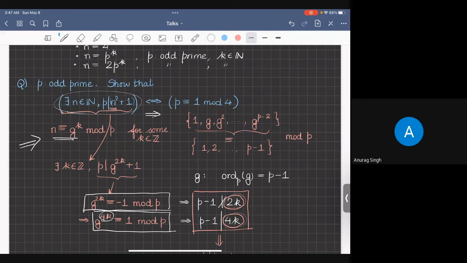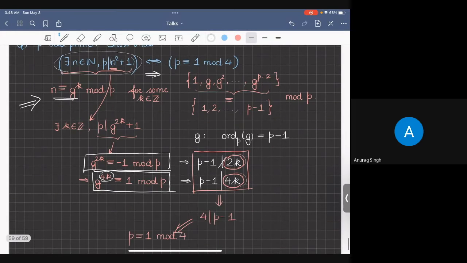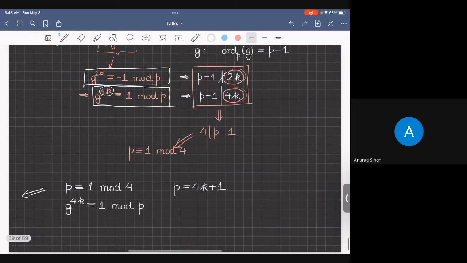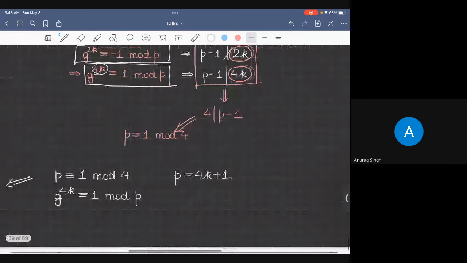We can put for k any even number in the natural numbers, then we can factorize g to the 4k as some n squared. Not sure what you mean.